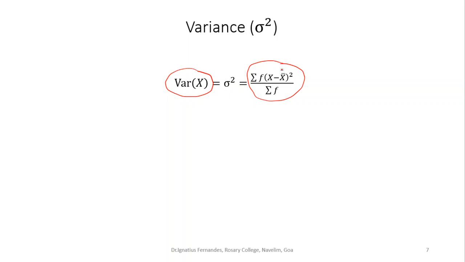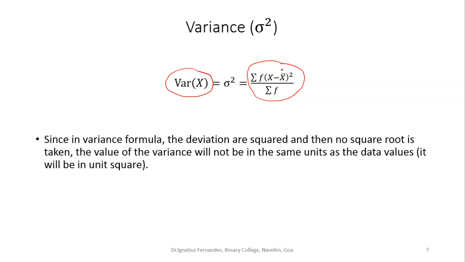But the problem with variance is, in the formula, since there is no square root sign, whereas in standard deviation we have a square root, in the variance formula we are just adding the sum of the squares. So the deviations are squared and then no square root is taken, unlike in standard deviation.